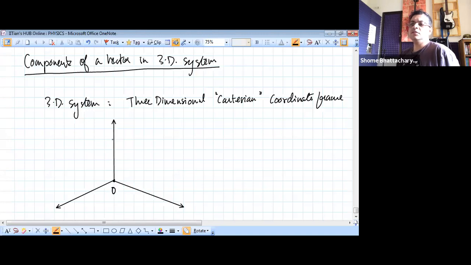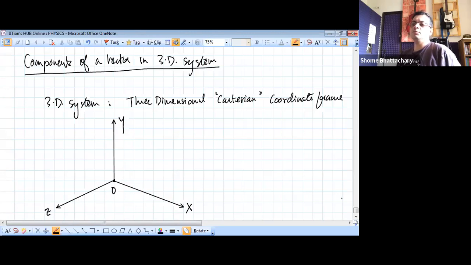So the edge between the 2 walls, one wall on your left side, one wall in front of you, the edge that goes vertically, that edge is your y-axis. The edge between the floor and the front wall is your x-axis, and the edge between the left wall and the floor, that is your z-axis.